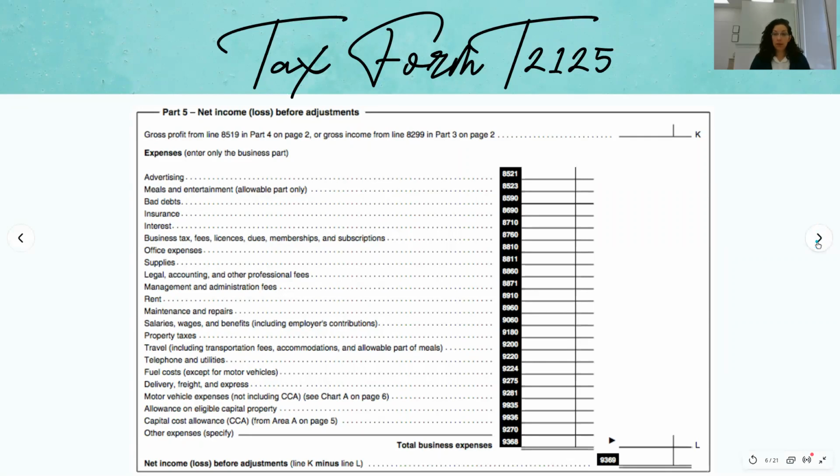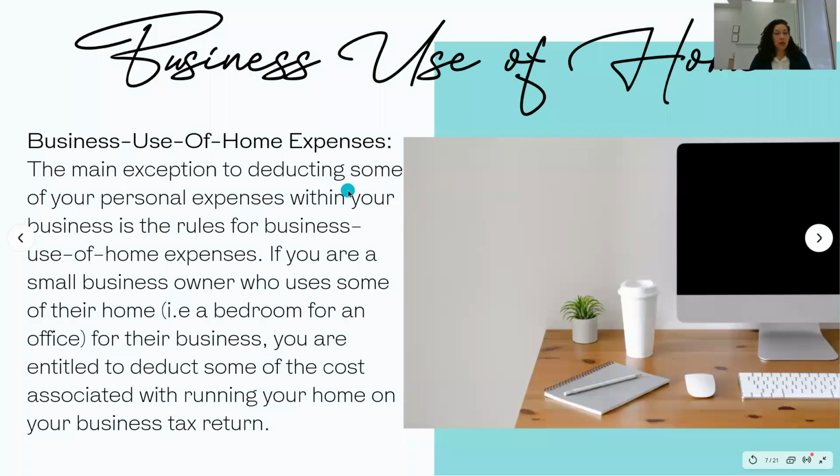Okay, so I'm going to go over your business use of home expenses because most sole proprietors or self-employed people do work from home. So the rule is, I believe, 50% of the business has to be run from your home for you to be able to write off the expenses of your home.